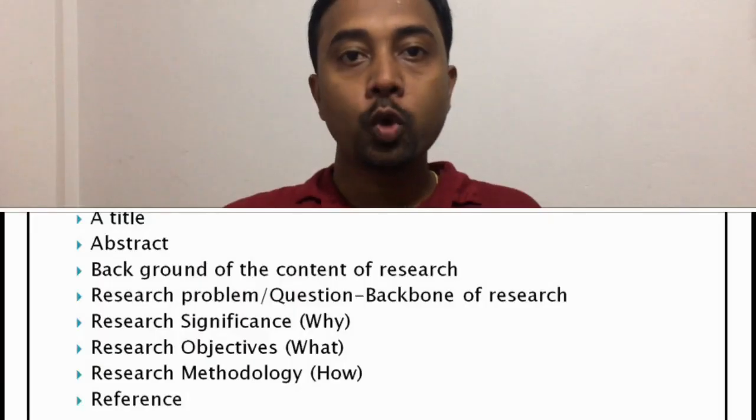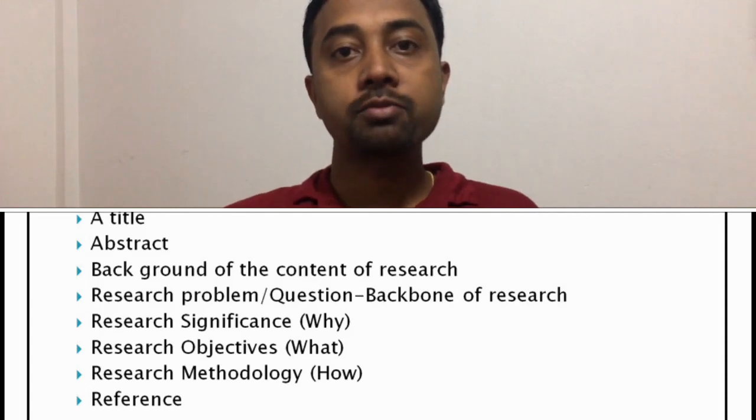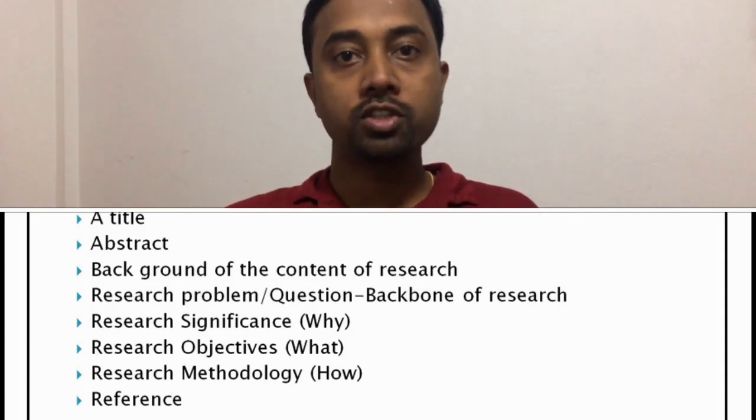The components of a research proposal. The components of the research proposal means what are the things you should write, or what are the titles you should include in a research proposal. The first one is a good title. Second is the abstract or the summary of the research.